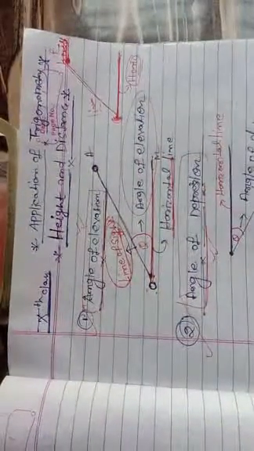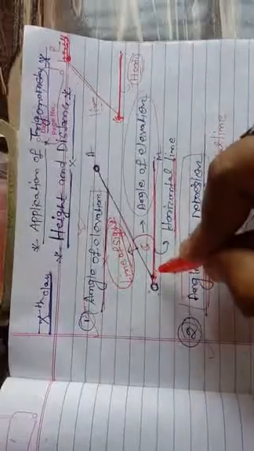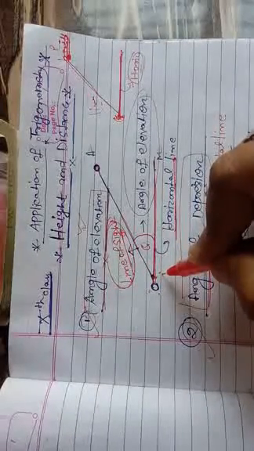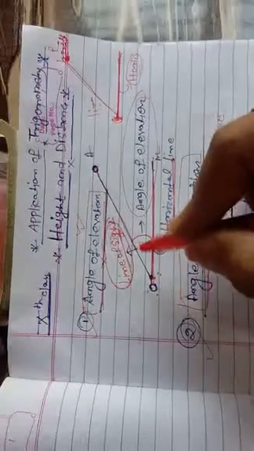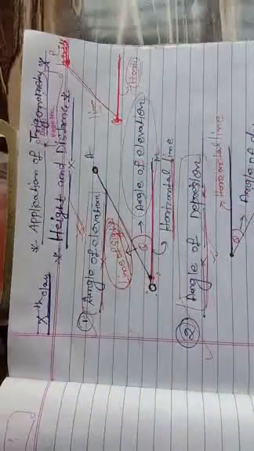Once again I repeat, if you see an object which is present above your head, this is called the angle of elevation. Clear?